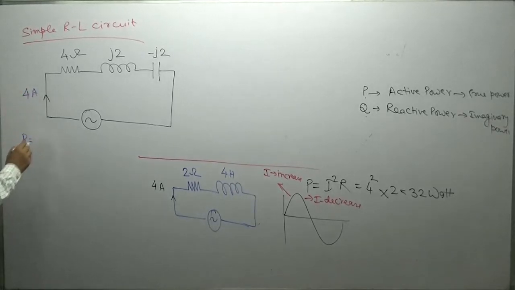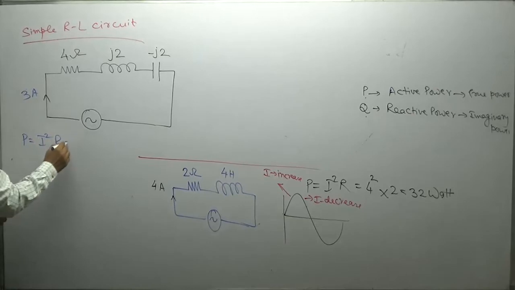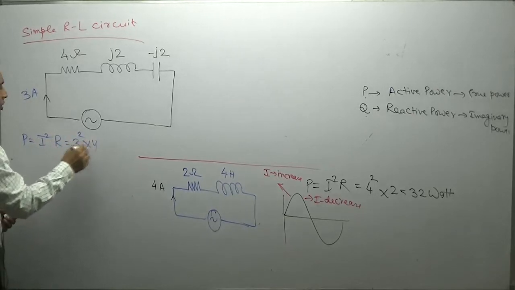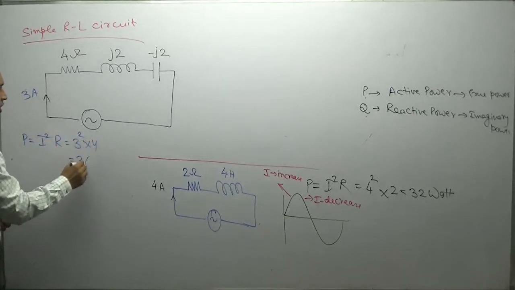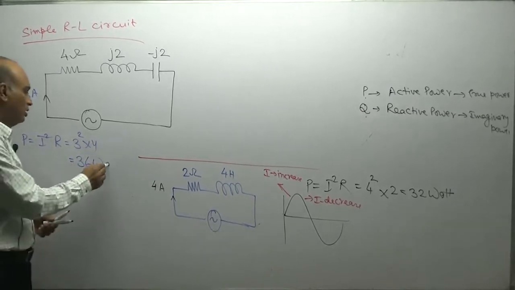So this circuit is consuming, listen again, active power I squared R, which is 3 squared into 4, 36 watt. And what is the meaning of 36 watt?